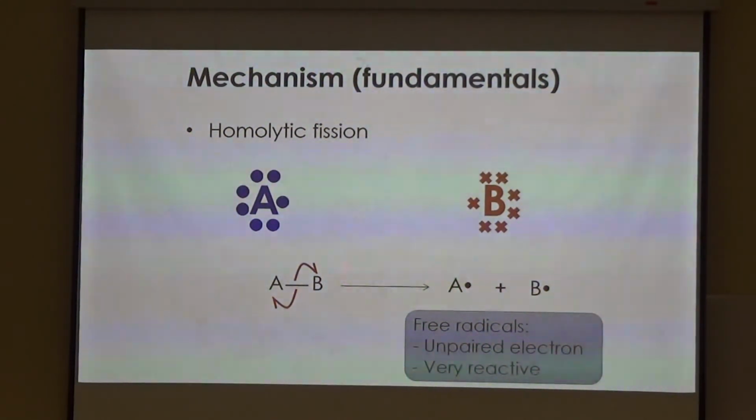And notice the arrow itself, we call this a fishhook arrow. It is not a full arrow as compared to just now. Just now it's a full arrow, this is just a half arrow. Here we call it the fishhook. So this represents homolytic fission, and each of the atoms just takes back its electron.